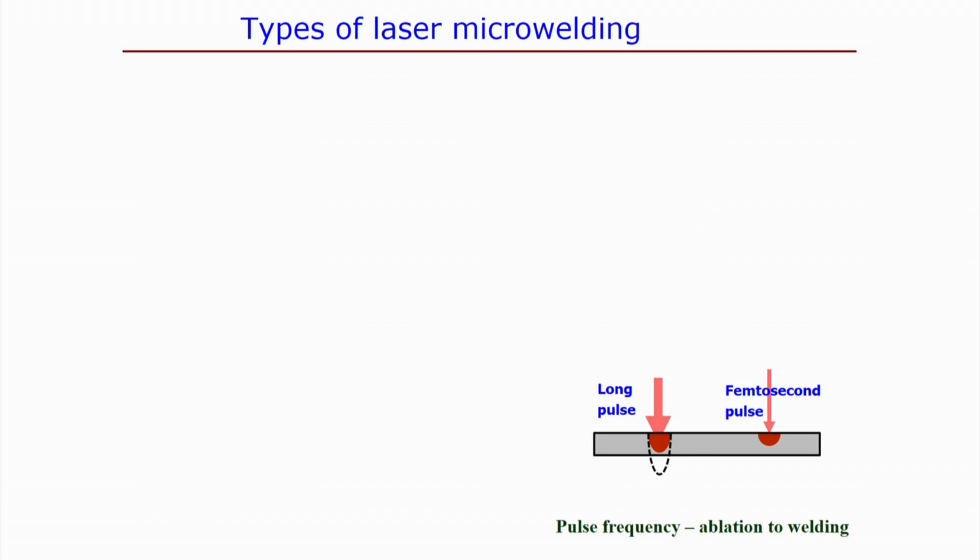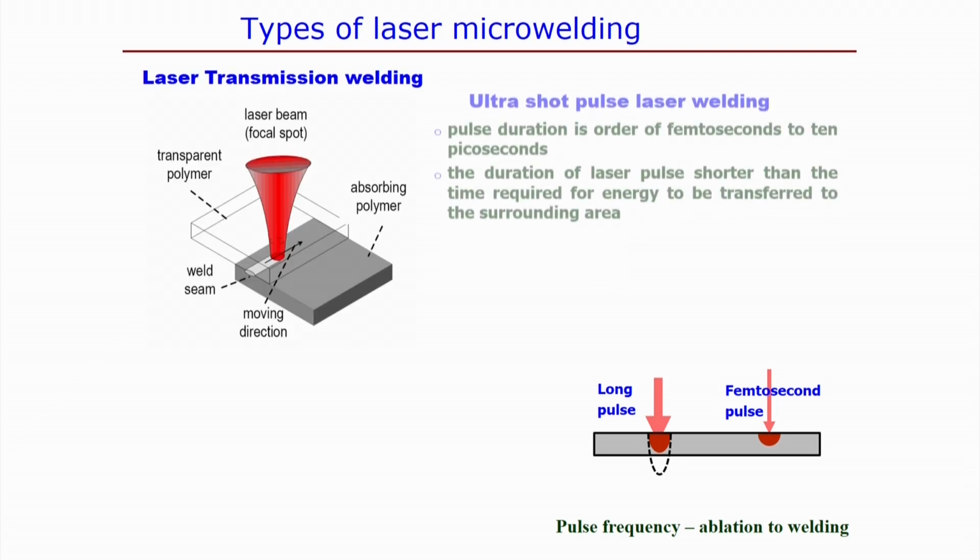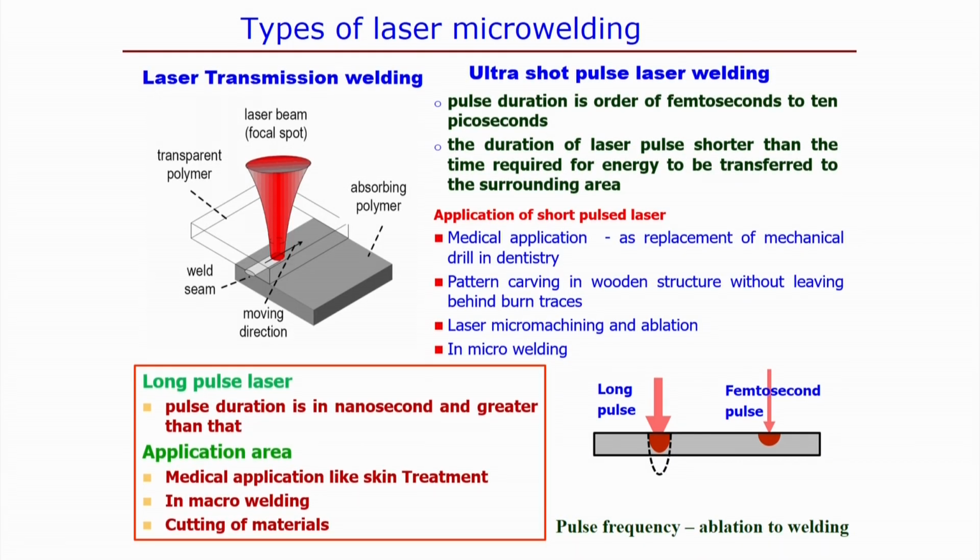Now, further, what are the different types of laser micro welding process? First we see laser transmission welding. Now, we will try to explain what laser transmission welding is. From the figure it is very clear that the laser beam is focused on the substrate material, and over this a transparent polymer is there, and on the bottom side an absorbing polymer is there.